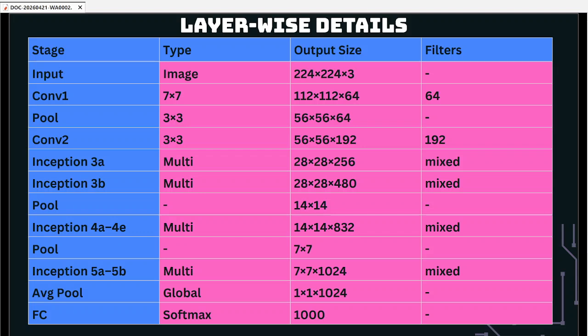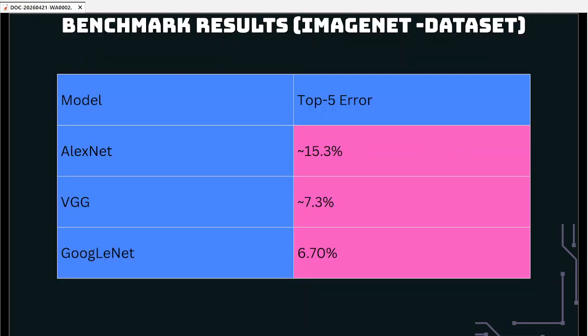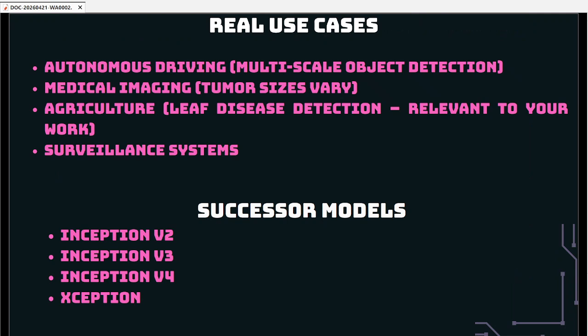As a result, this 22-layer deep model had only 5 million parameters, state-of-the-art ImageNet performance, and was used for various real-world use cases such as autonomous driving, medical imaging, agriculture, leaf disease detection, and surveillance systems. Successor models such as Inception V2, V3 and V4 and Xception had various advantages over Inception V1. We can learn about this in the upcoming videos.